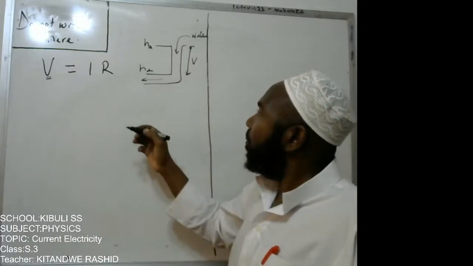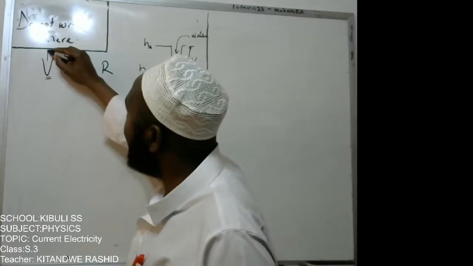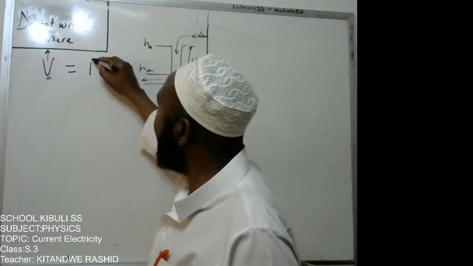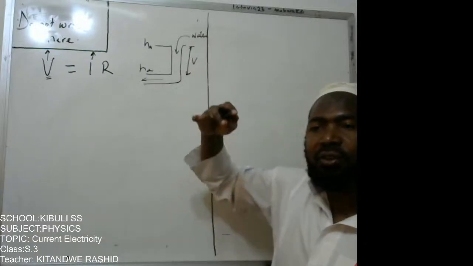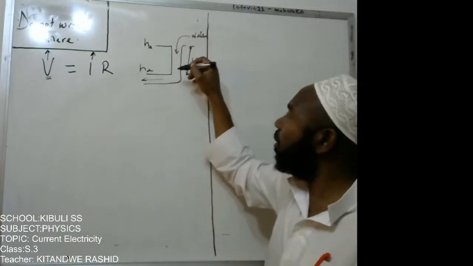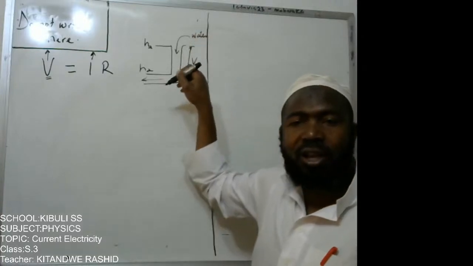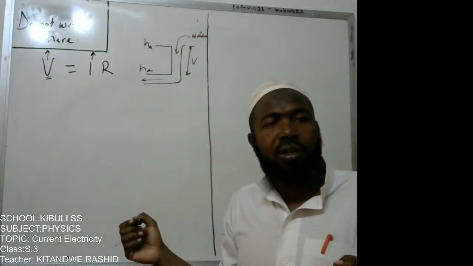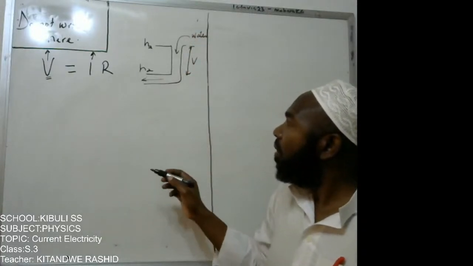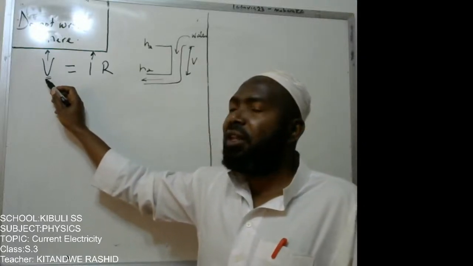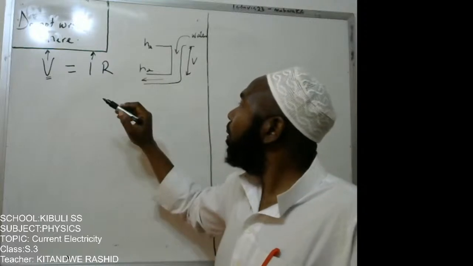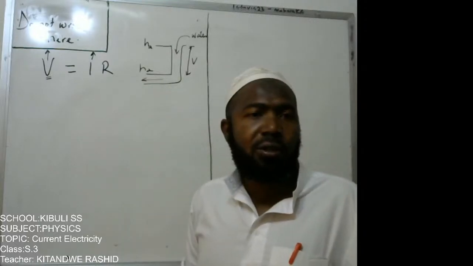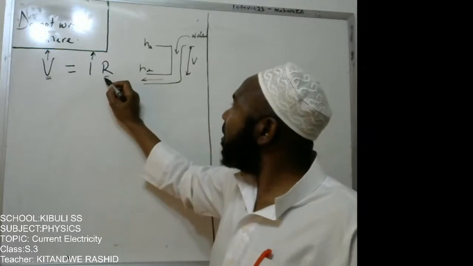Therefore, as the potential difference is increasing, even the current is increasing. Meaning that as the height difference is increasing, even the speed with which the water is moving has to increase. And that's why we are saying that the current through the conductor is directly proportional to the potential difference across its ends. Now how about resistance here?